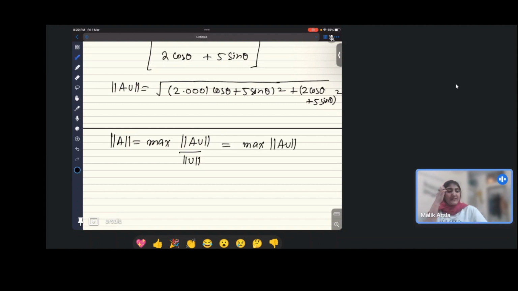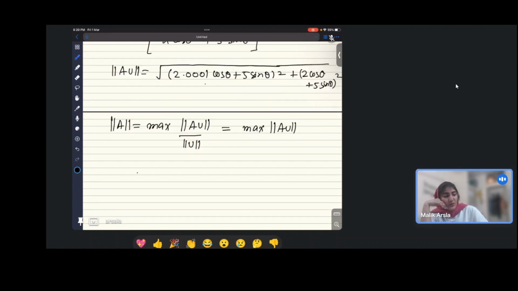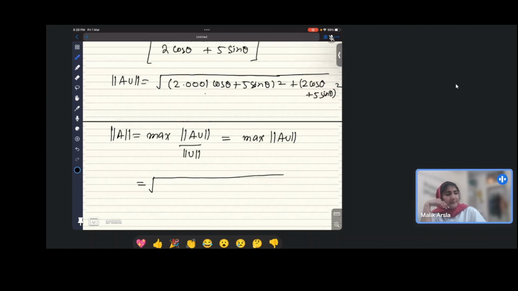So you have to maximize this thing, norm of AU. How will you maximize it? First, we will simplify it.